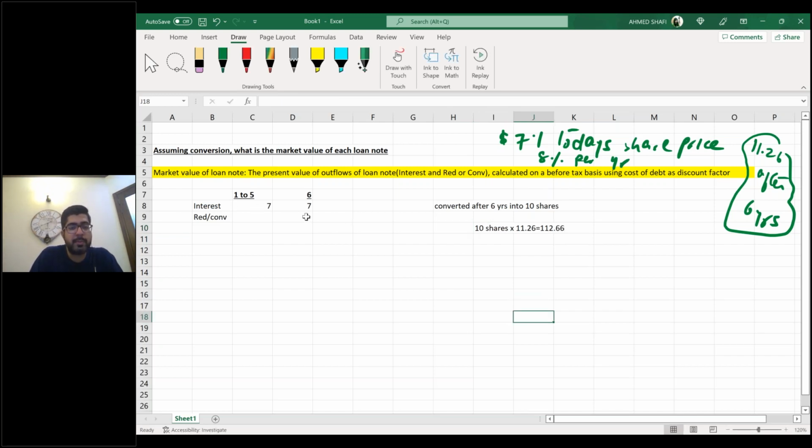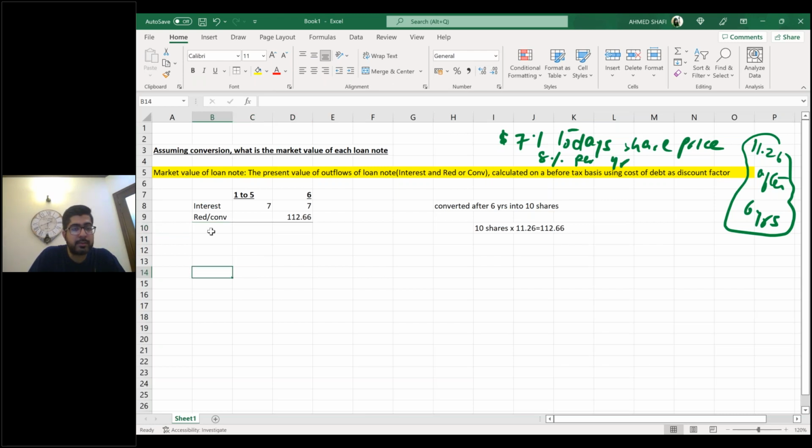So the two outflows will be interest, 7, and if converted, another outflow: the company has to give 10 shares at 11.26, not 7.1. Net them all and you will get net cash flows, 7 and 119.66. These are the two outflows, interest and redemption.